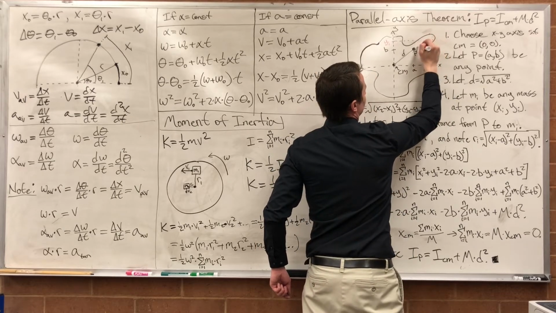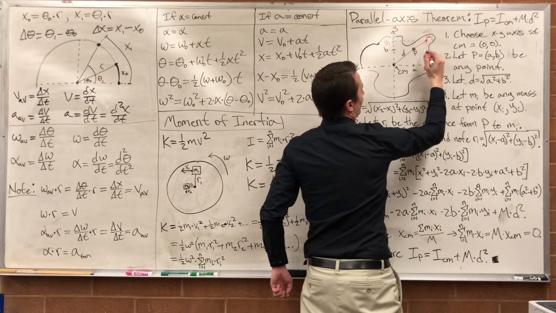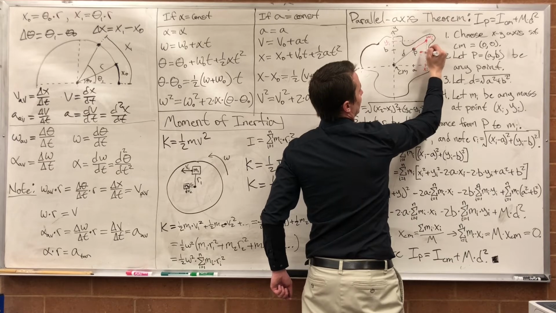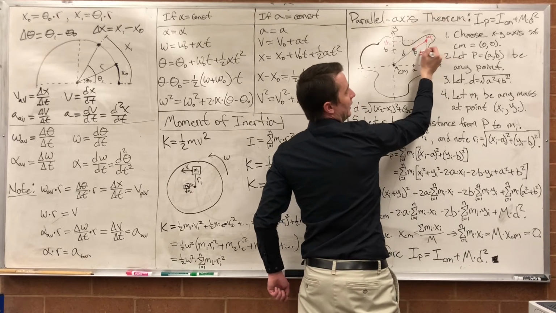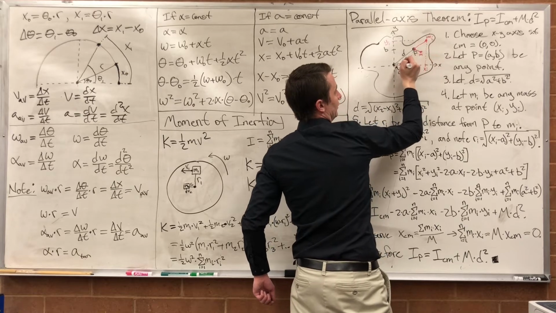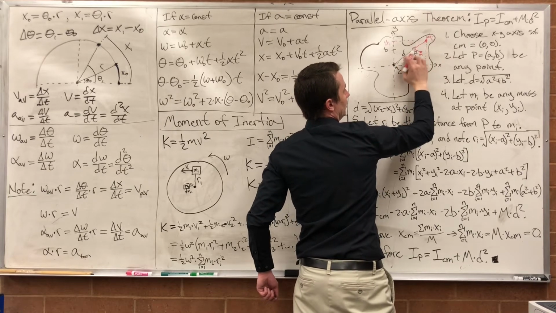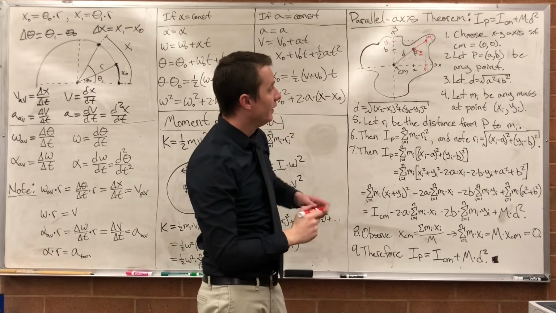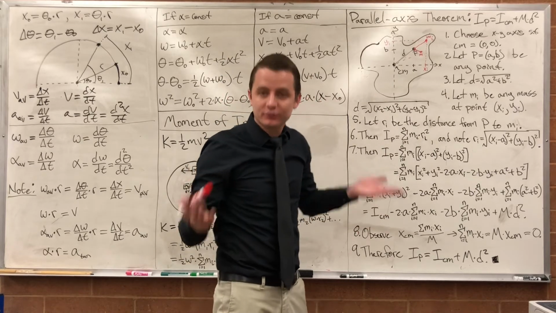Let's leave that, because we'll make reference to it. When I'm talking about this point right here, this other m, its distance to P is this, and its distance to the center of mass is right here. This line. Would it just be your distance? It's just its x coordinate plus its y coordinate squared.